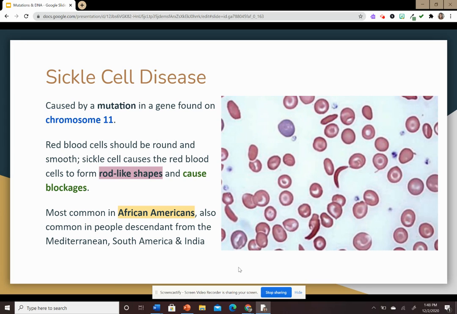Well, now you're safe from malaria. But let's say your mom has the sickle cell gene and your dad has the sickle cell gene, and they both pass it down to you. Well, now instead of being protected from malaria, now you're going to end up with sickle cell disease. So this one kind of sucks.